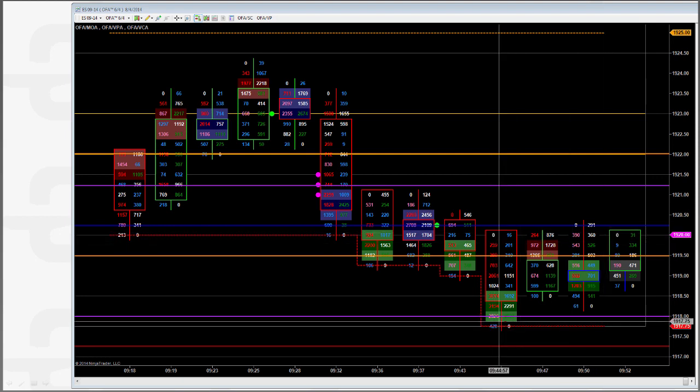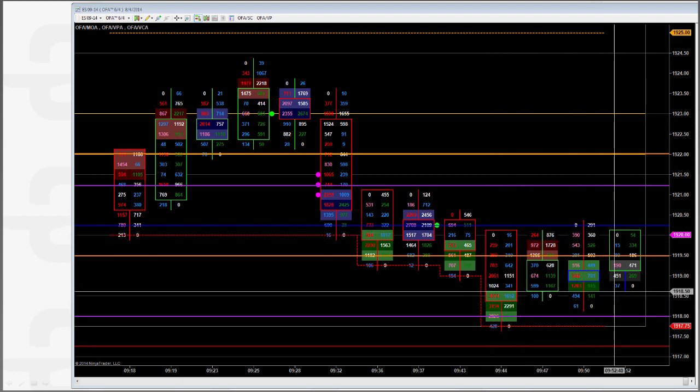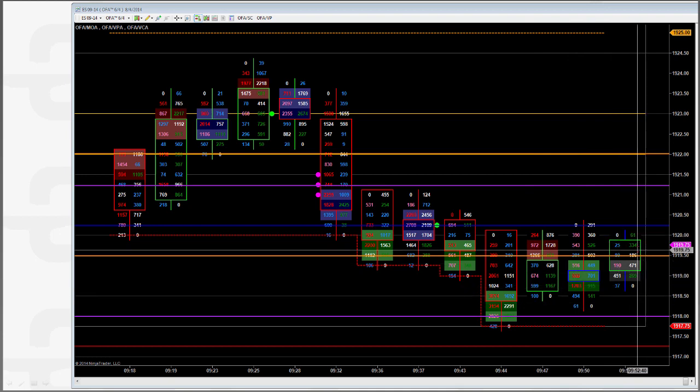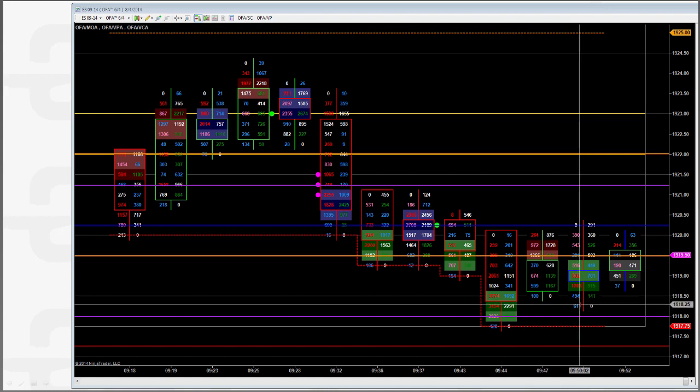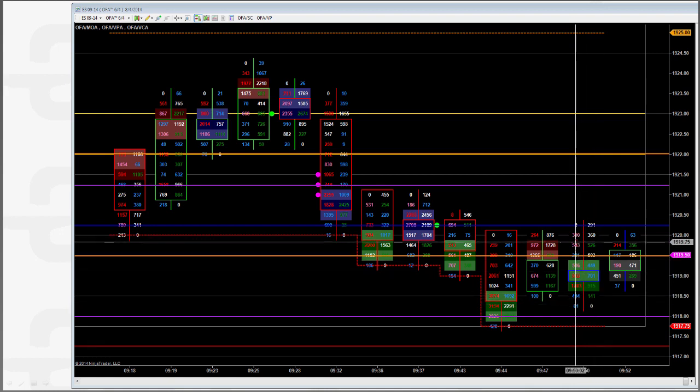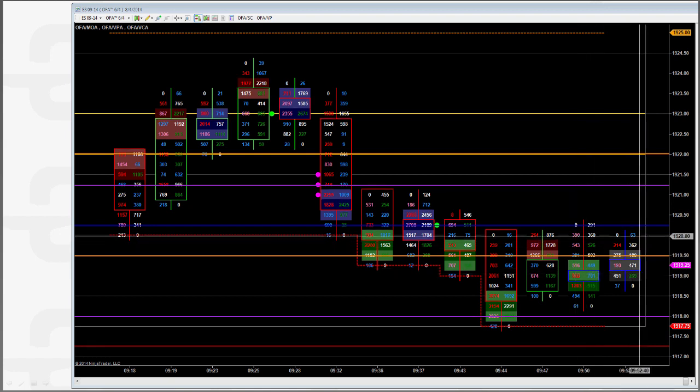And so again, as I'm reading the print, I'm reading weakness at the bid now, weakness here. And the other thing that helps me as I look at the auction as a process is each one of these bars.